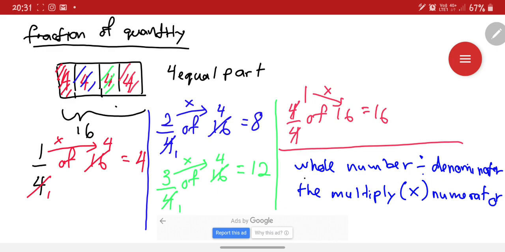This is the key of this topic: whole number divide denominator, then multiply the numerator.